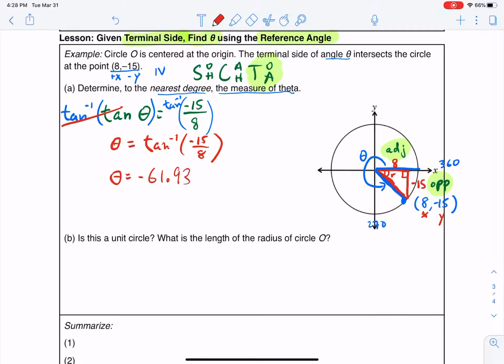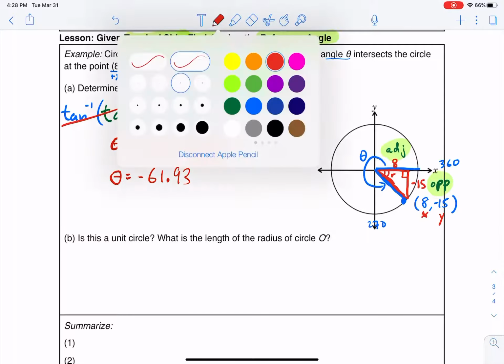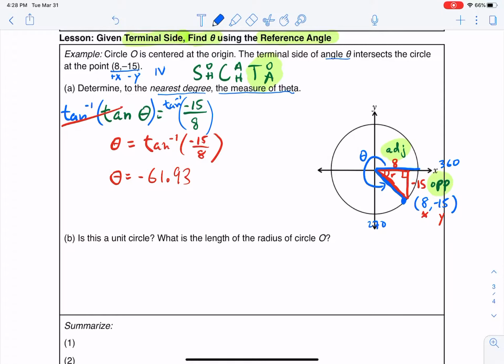Now, one thing we should think about here. This angle that we're given is not really theta. This is our reference angle. So what we need to do is think, is this really theta? Think back to the very beginning of this problem.